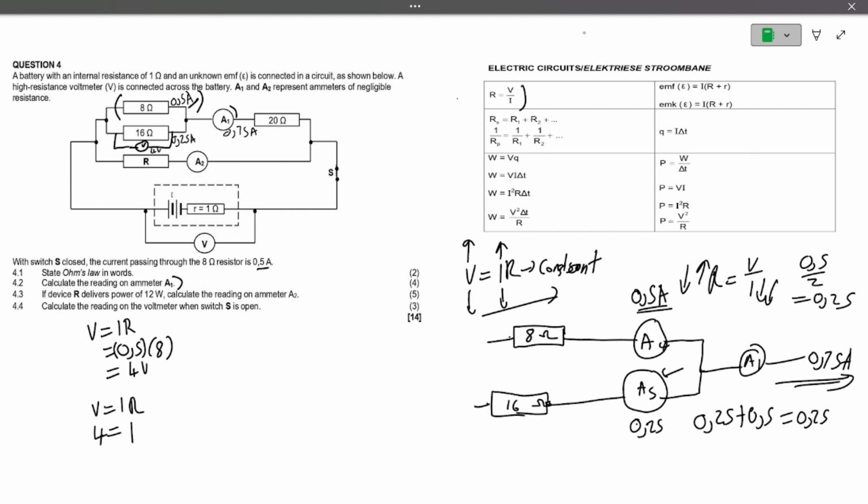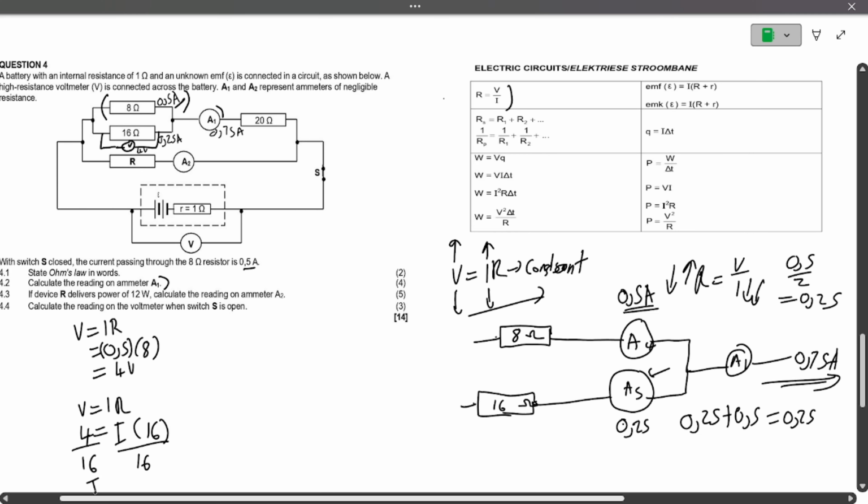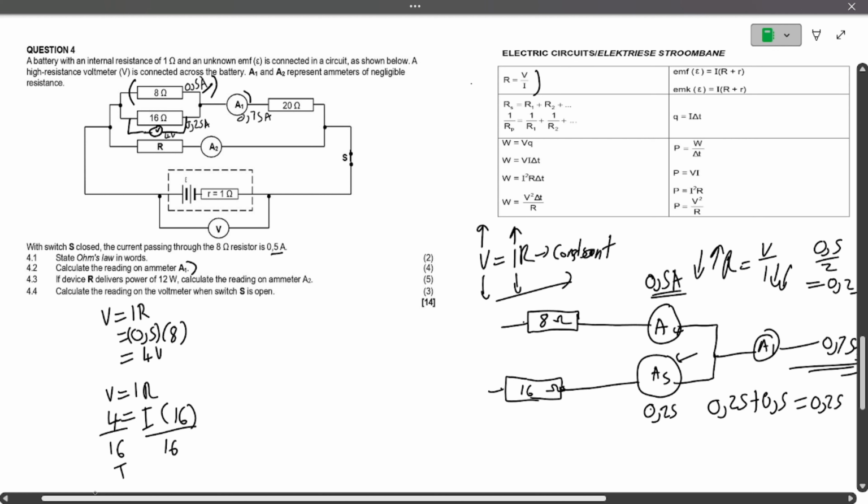So the current, what is the current across the 4 ohm resistor? We are solving for it. And then what is its resistor? It is the 16. And then when we solve, we just divide both sides by 16, and then the current passing through it is going to be 0.25.